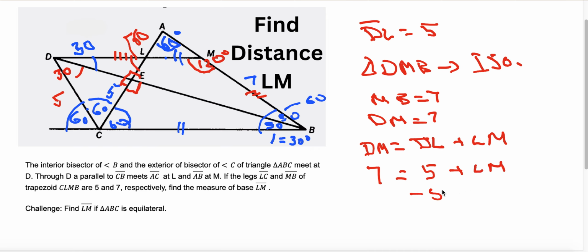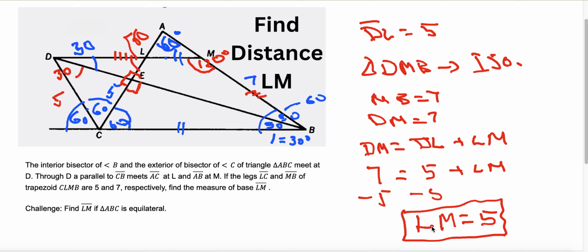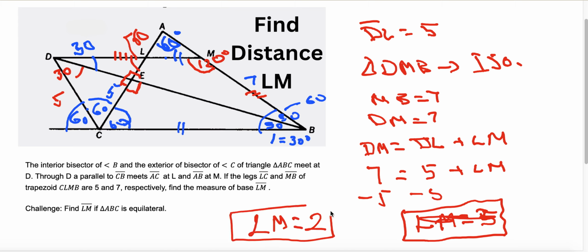If we subtract 5 from both sides, 7 minus 5 is 2 units. So LM is equal to 2 units.